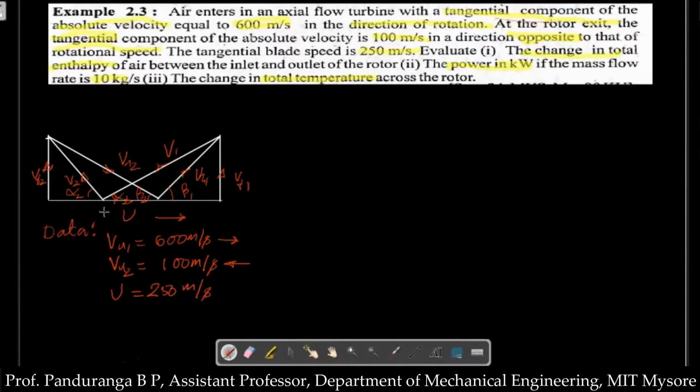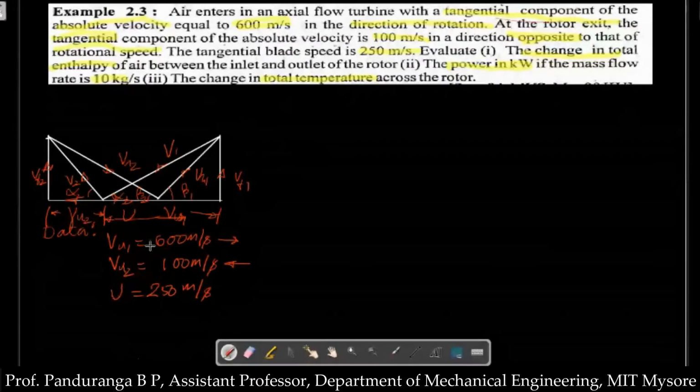In this diagram, from here till this point, it is VU1, and it is in the same direction as U, so both are towards right. And here we have the tangential component of V2, the horizontal component of V2, which is VU2, and that is towards left because V2 is towards left.